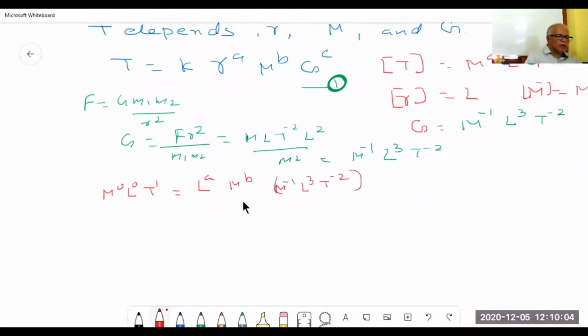If you can memorize, you memorize. I don't normally memorize the dimensions of all quantities, only the basic dimensions. So we get L raised to a, M raised to b, M raised to minus c, L raised to 3c, and T raised to minus 2c.